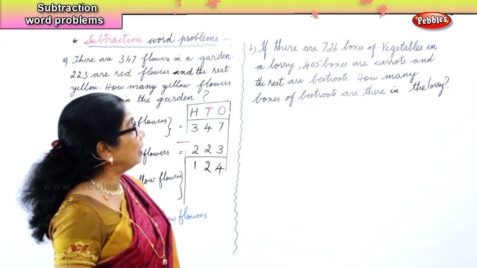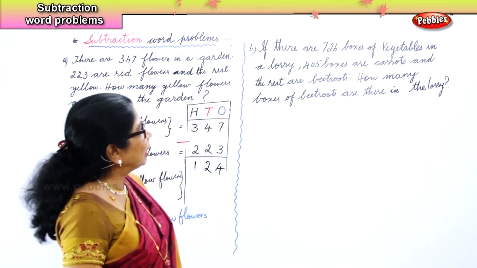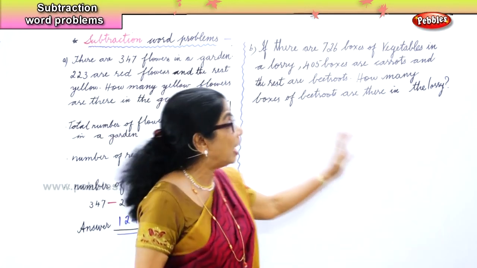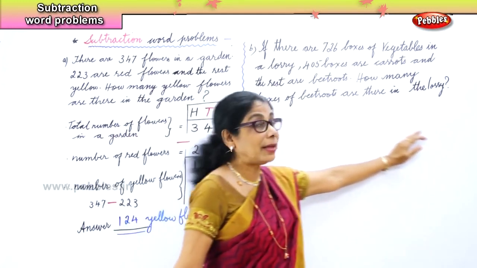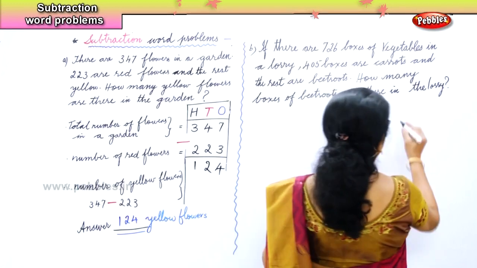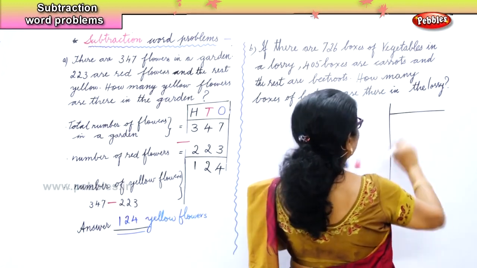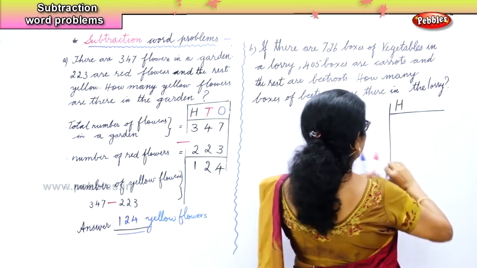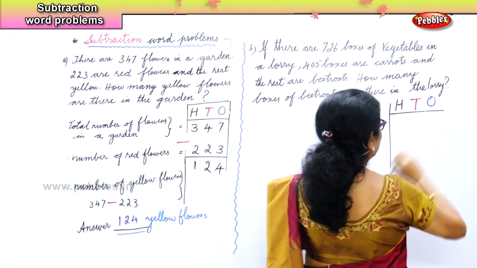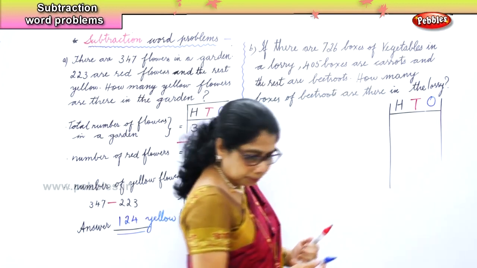There are 726 boxes of vegetables in a lorry, of which 405 boxes are carrots and the rest are beetroot. Now we are asked to find out how many boxes of beetroots are there in the lorry. First, we prepare the table. Place the numbers correctly. That should be the first criterion.